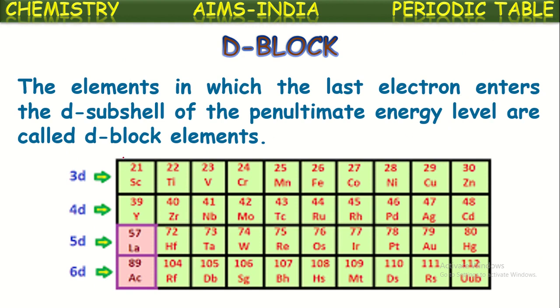Third B group, third B to second B. This is first B. These three are eighth B. In this way, these 10 columns of elements are called d block elements because for these elements the differentiating electron is present in their d subshell. That is to say clearly, the penultimate energy level d subshell. Penultimate means last but one shell.